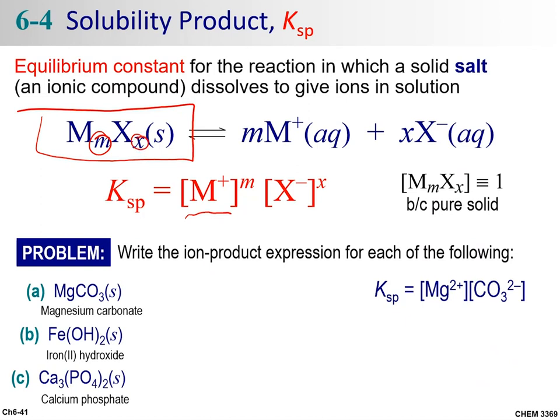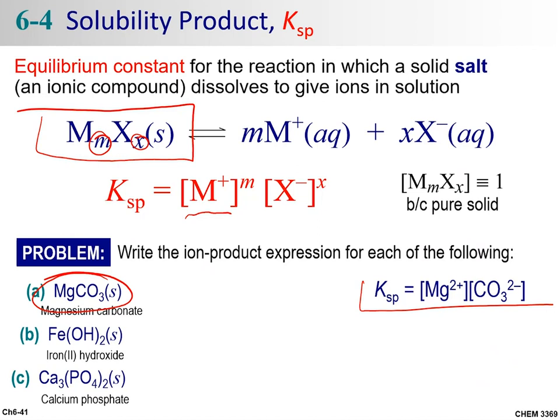Okay, so the point of this is that if you look at the formula for magnesium carbonate, just by looking at this formula, you can immediately write down the solubility product, and it's going to be the concentration of magnesium 2 plus times the concentration of carbonate.